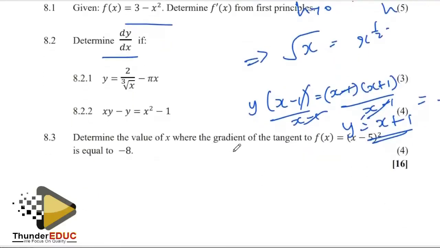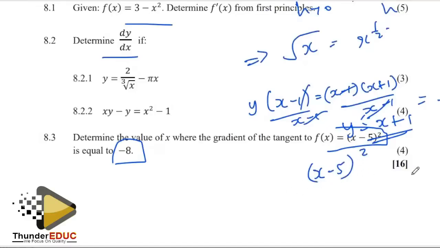8.3, the value of x where the gradient of the tangent to this graph is equal to -8. They want the value of x where the gradient is -8. So open this thing up. So it's x minus 5.